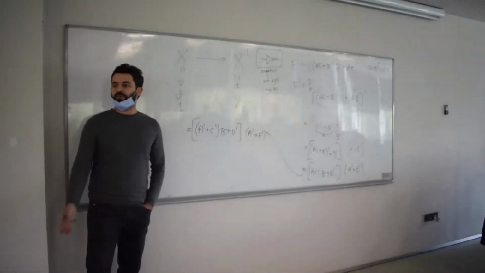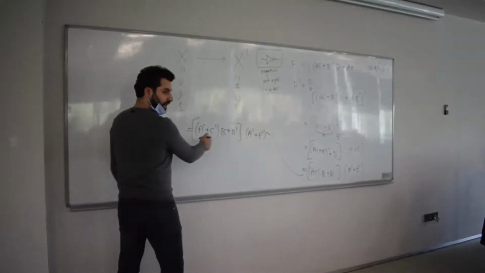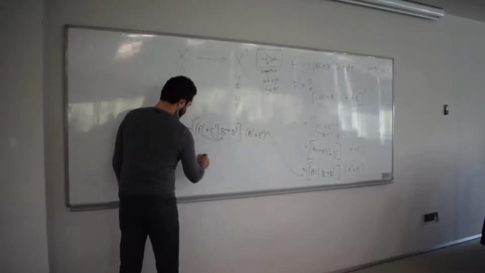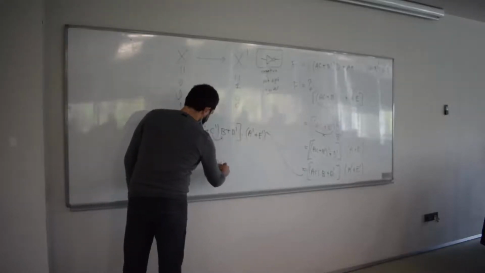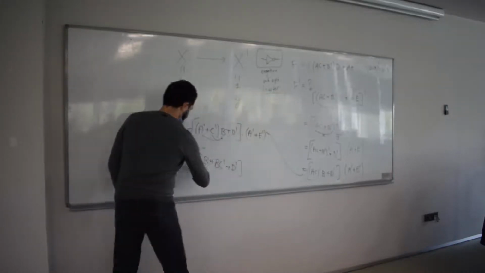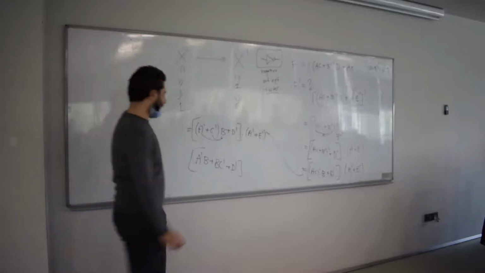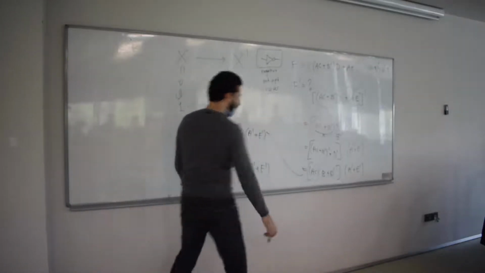Now it's time to apply the distribution law. So you can apply the distribution law now. This is A prime B plus B C prime, let's say, and plus D prime. And I have A prime plus E prime.